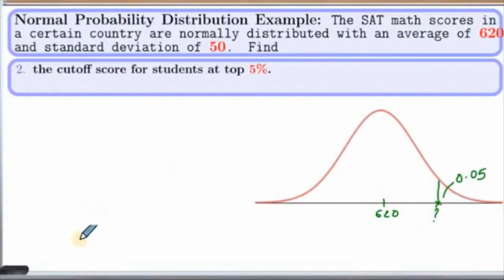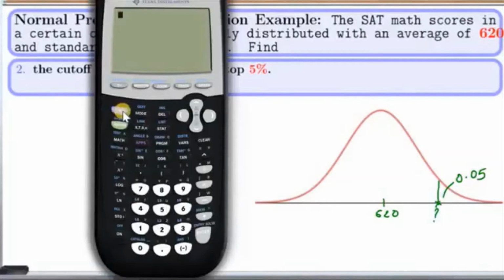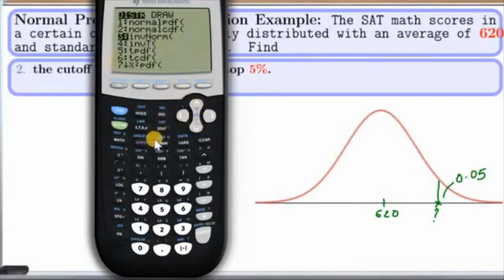Let me show you how to find this point here using calculator. Hit second, then distribution, then we will be using inverse norm. So use this arrow key to go down to number 3. Then select that, hit enter. So we will need area, mean, and standard deviation.